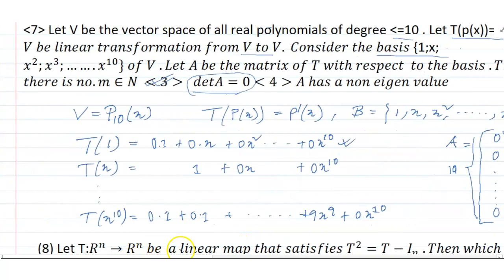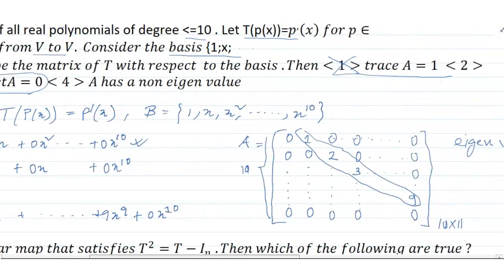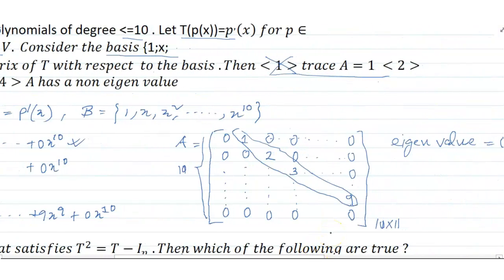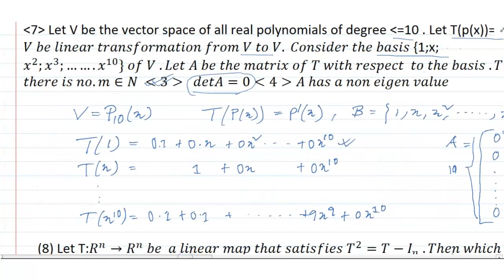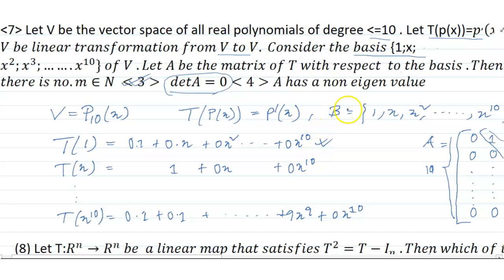And number 2, A has non-zero eigenvalue. The question says non-zero eigenvalue, so it is also wrong.